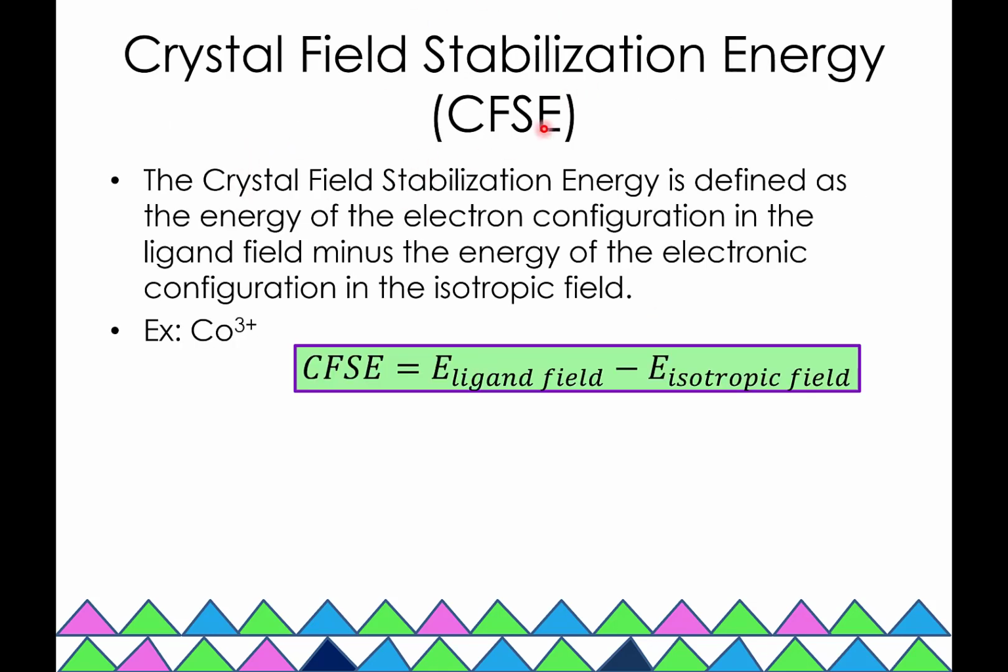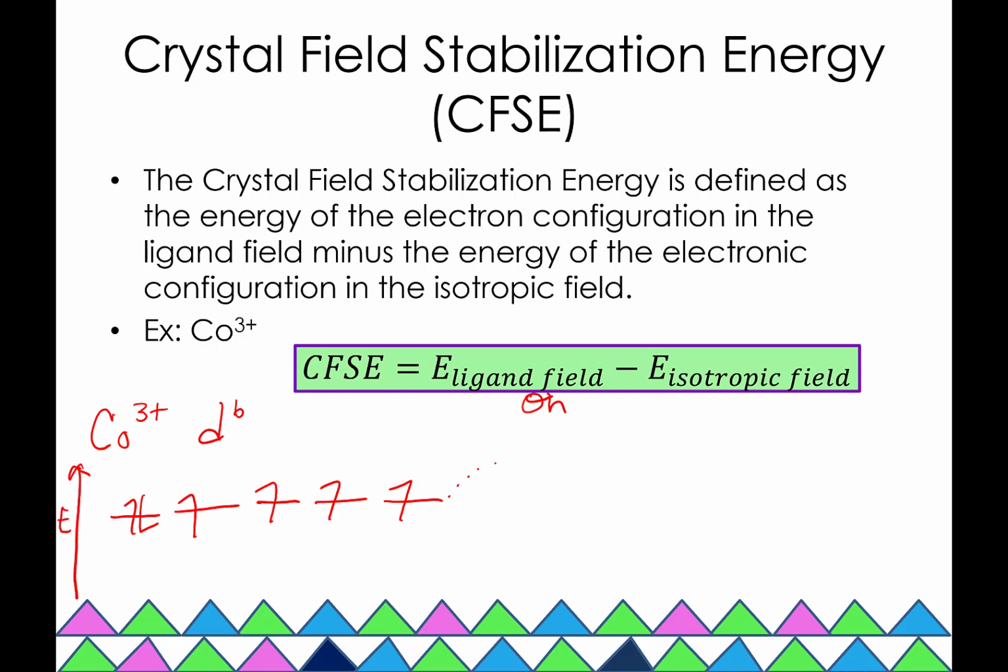Crystal field stabilization energy is simply the stabilization once an ion is in a crystal field. So cobalt 3 plus has a d6 electron configuration, and we can imagine the isotropic case. So if there's no crystal field, this is our electron configuration. Once a crystal field is applied, so let's specifically say we have an octahedral field, and remember that this line is our barycenter, so the energy that we initially started out with.